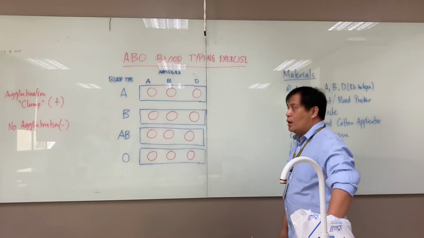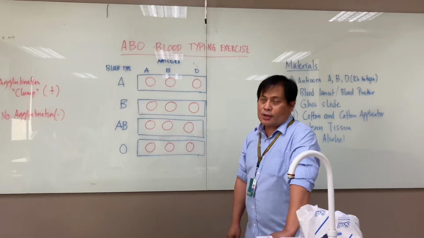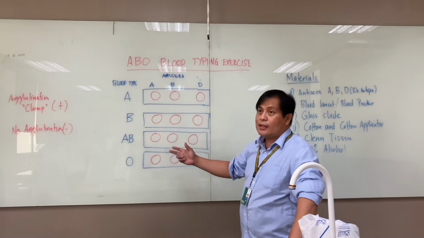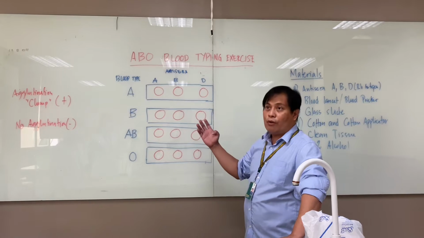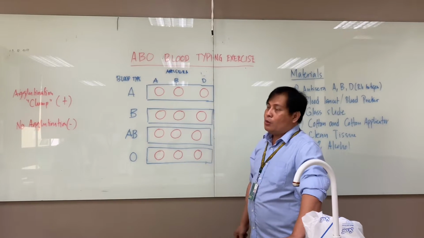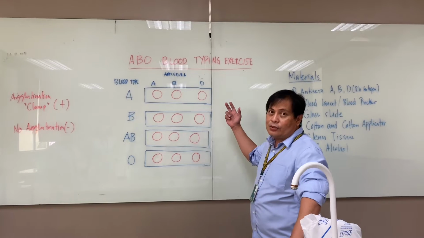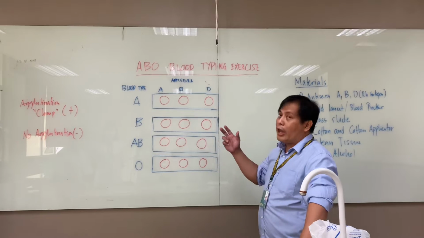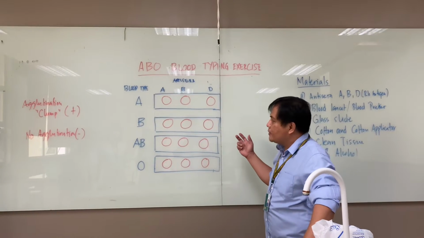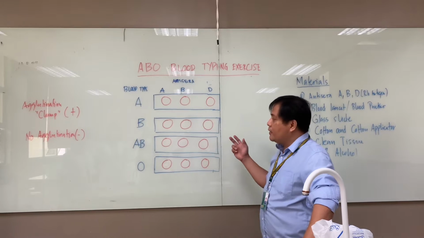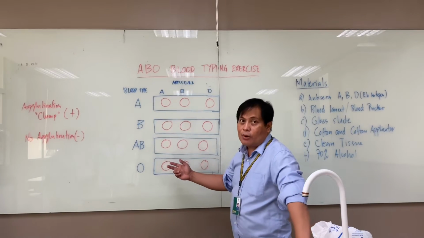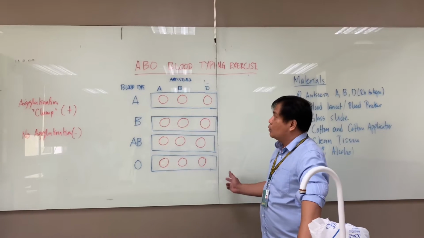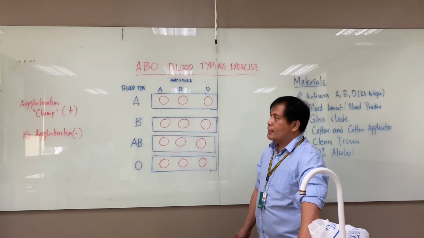We have 4 major groups: A, B, AB, and O. However, with the presence of the D antigen, referring to the Rh antigen, we have a total of 8 blood types: A negative or A positive, B positive or B negative, AB positive or AB negative, and O positive or O negative. That completes a total of 8 blood types.